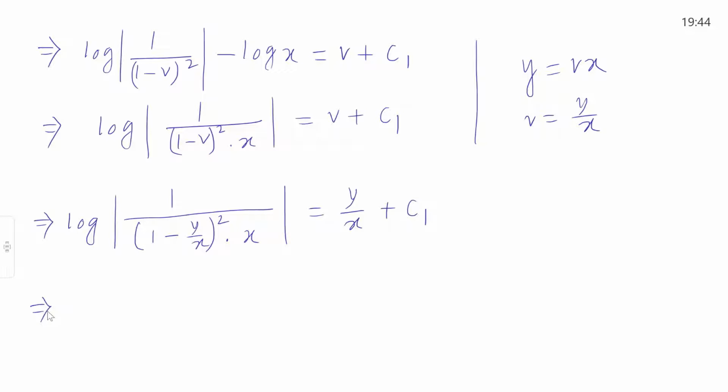This implies, after doing all the calculation, the x square LCM, one x cancels, and the numerator is x by (x minus y) whole square equals y by x plus c1.